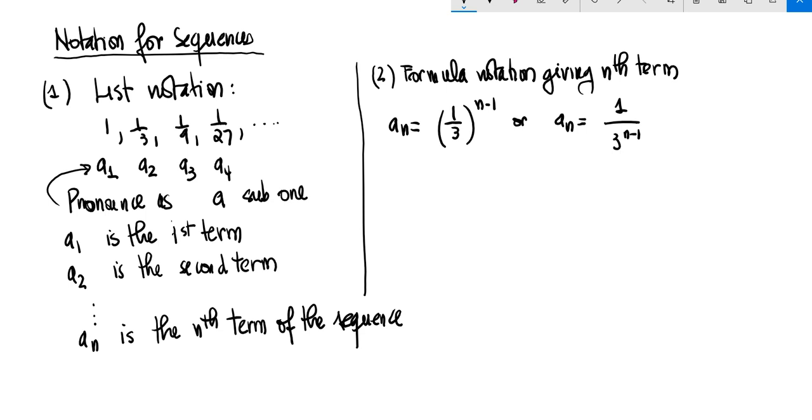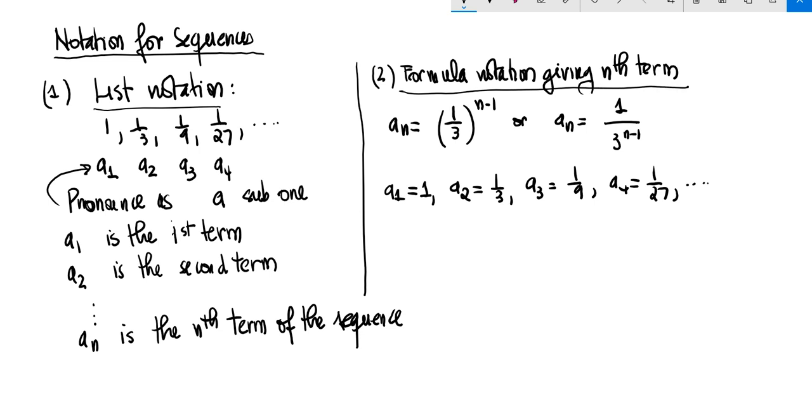And in this case, you know that a sub 1 is 1, a sub 2 is 1 over 3, a sub 3 is 1 over 9, a sub 4 is 1 over 27, and so on, right? So this is list notation, and this here is formula notation. Those are the two general notations that we use for sequences.